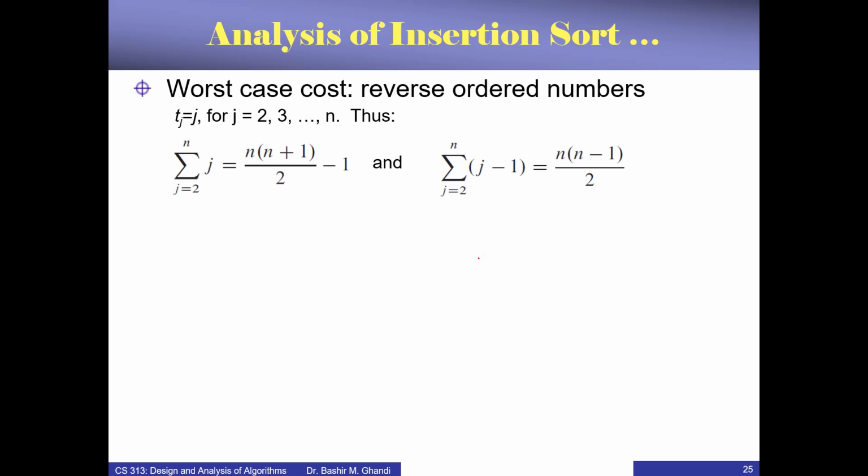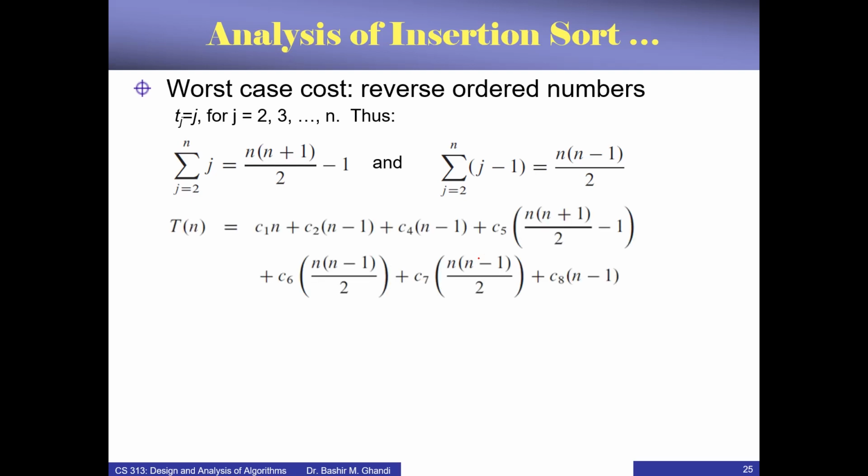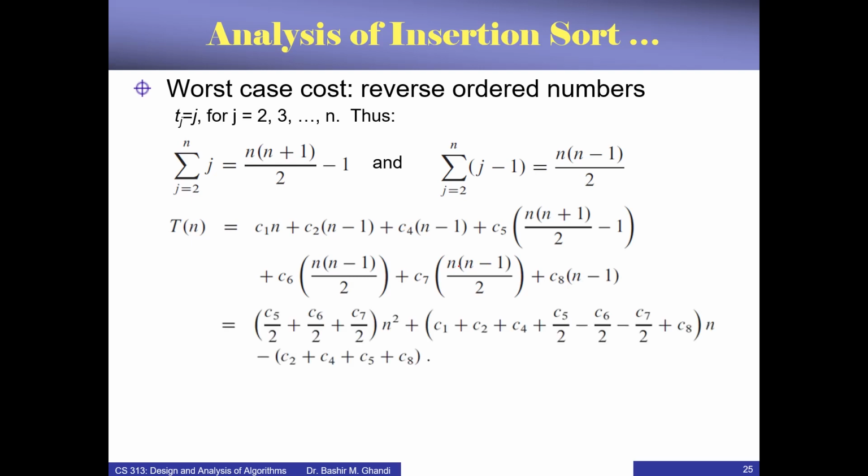Alright, so with this in mind, it means we can now simplify our running time function. It simply becomes this. So as you can see, the c5, which was associated with this, will now be just this, and the c6 will be multiplying this, and the c7 will be multiplying that. Now if you try to simplify, you will have something like this.